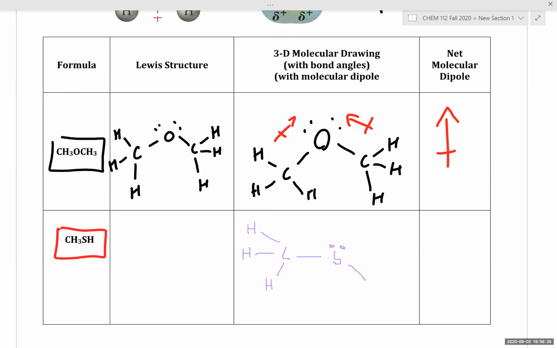Perfect. Yep, exactly right. And now we can draw our bond dipoles in. And then by adding up our bond dipoles, we can get the molecular dipole.